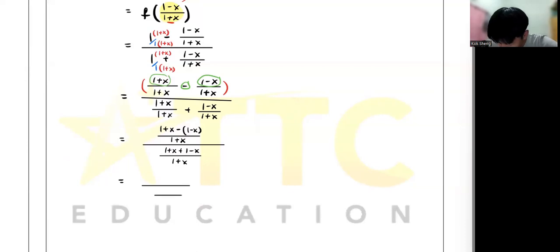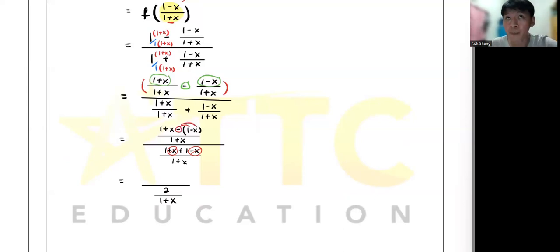So, okay. The bottom, these two, we can just cut it off. x minus x can cut it off. And the bottom, you left the 2, 1 plus 1, 2, with the bottom 1 plus x. Okay, then on top, the negative needs to be multiplied into the bracket.